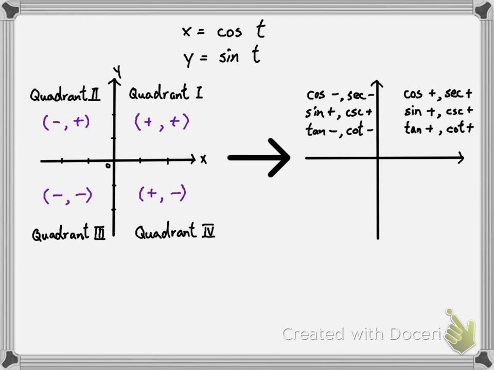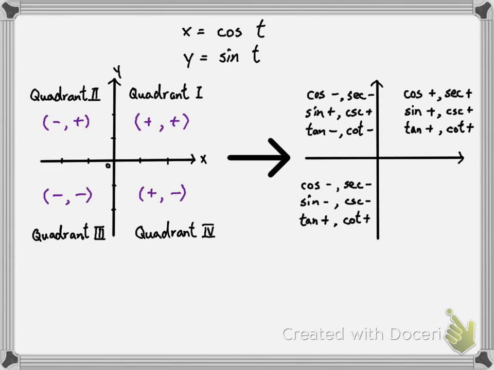In the third quadrant, both cosine and sine are negative, therefore the reciprocal functions will also be negative. Tangent, which is y over x, a negative number over a negative number, will be positive, so tangent is positive. Cotangent will also be positive.